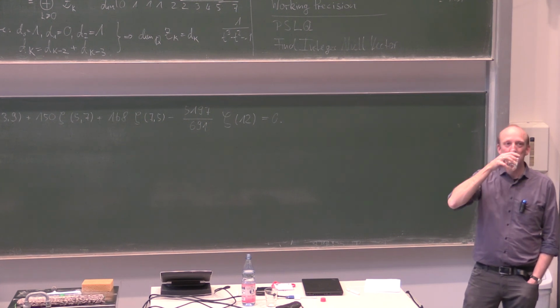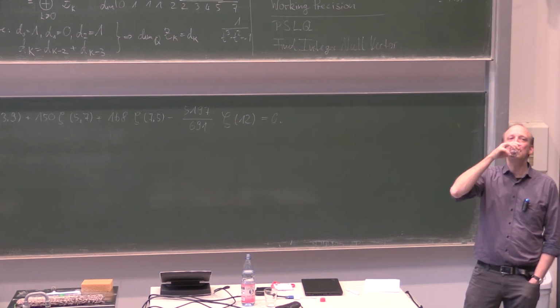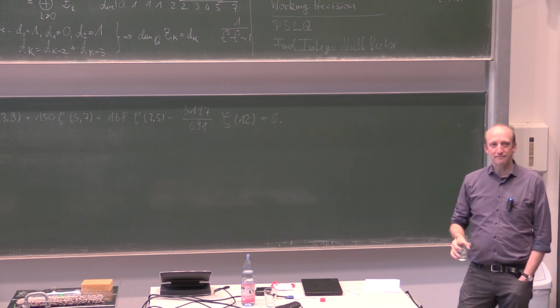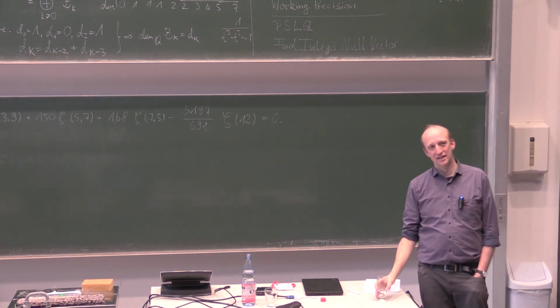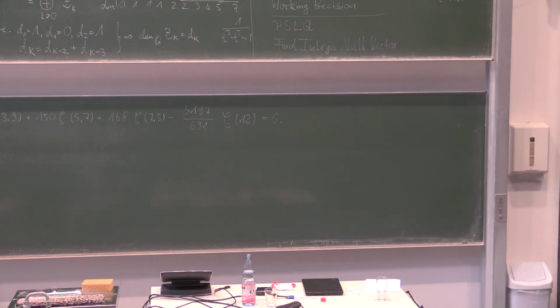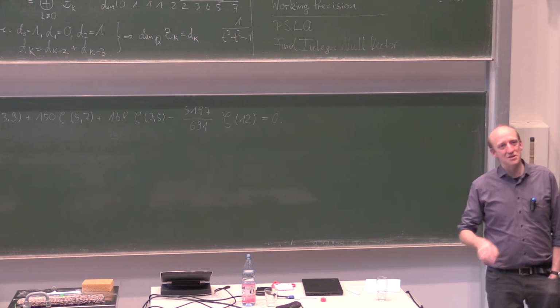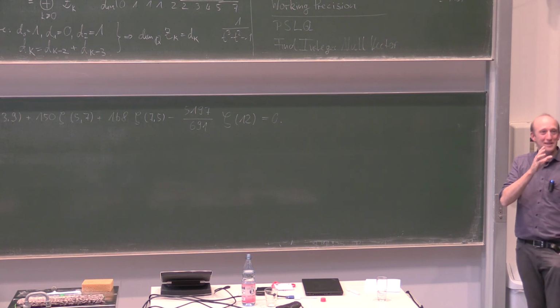Is it clear or proven that multiple zeta values cannot be written as linear combinations with rational coefficients of single zeta values? No, there's no proof, as far as I know. It could be the case. So one should maybe ask the question a little more precisely.